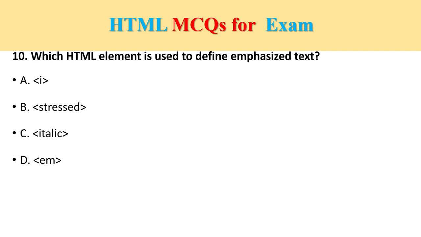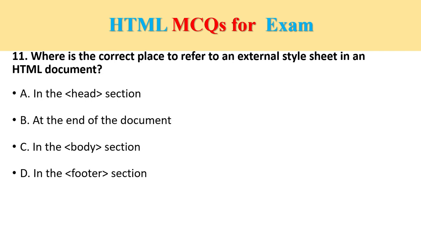10. Which HTML element is used to define emphasized text? To emphasize text, we can use the EM element. D is the correct answer. 11. Where is the correct place to refer to an external style sheet in an HTML document?